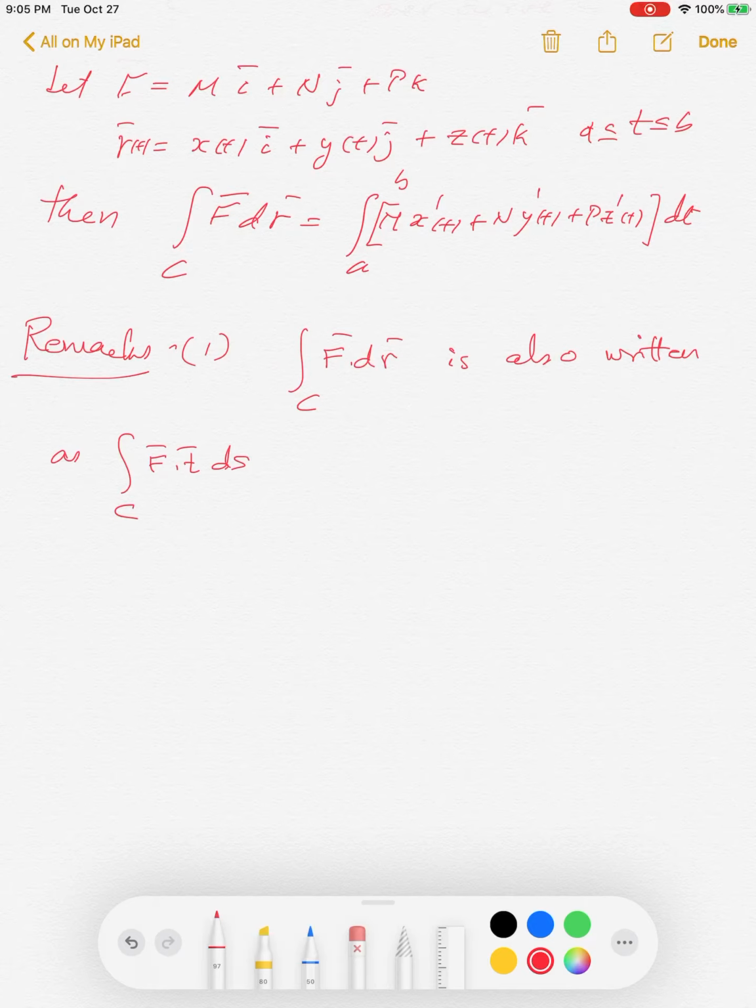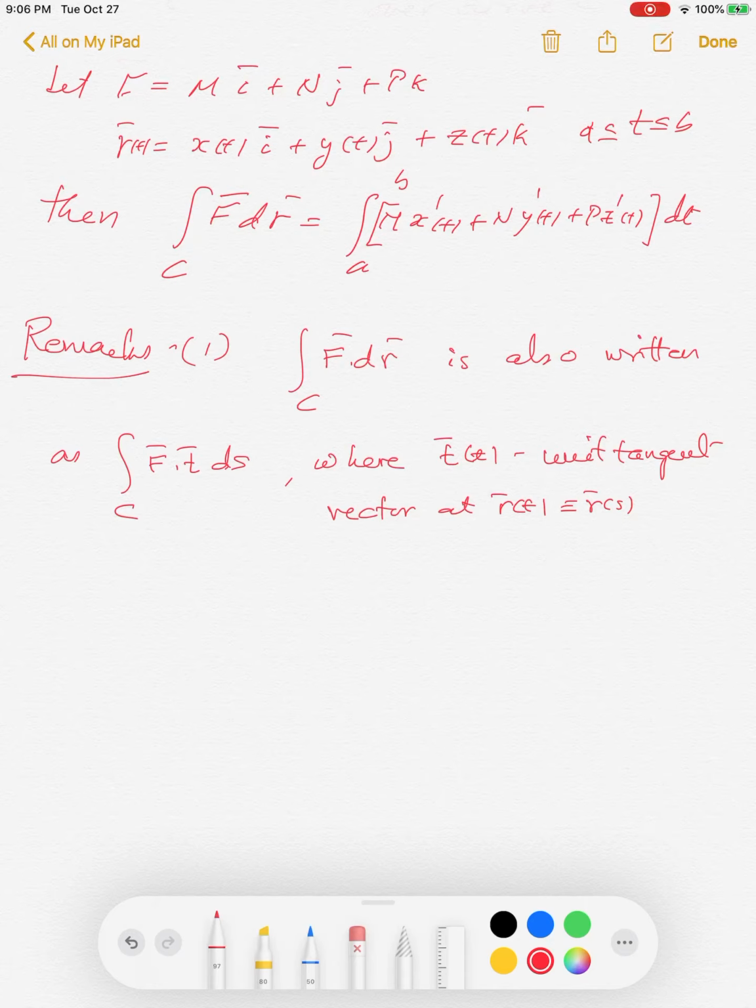Now I think I denoted the unit tangent vector by capital T bar, but here I will use small t bar. So where little t bar, which depends on little t, is the unit tangent vector at r bar(t), or I want to write this also in terms of the arc length parameter s.